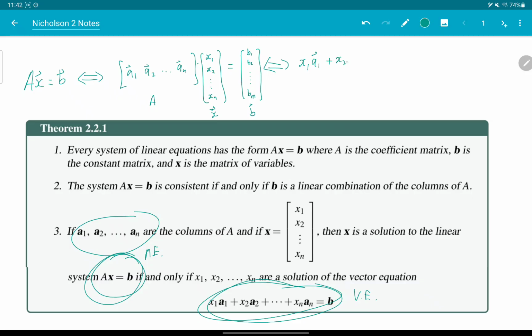Then I take x2 and put it in front of the column A2. And the last one is n, so xn An. And this is equal to B here. There's no sense in writing that out.